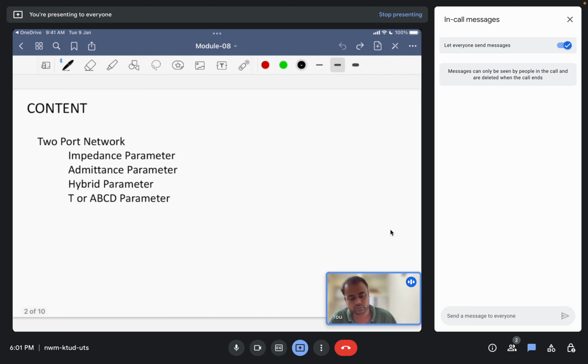Before moving to impedance parameter, I will give a brief introduction about two-port networks. In a two-port network, we have a network having two ports. The first port is generally called the input port, having a voltage V1 and a current I1.